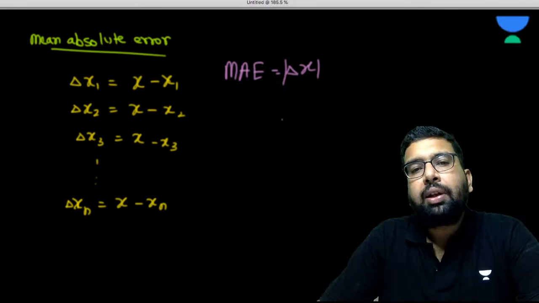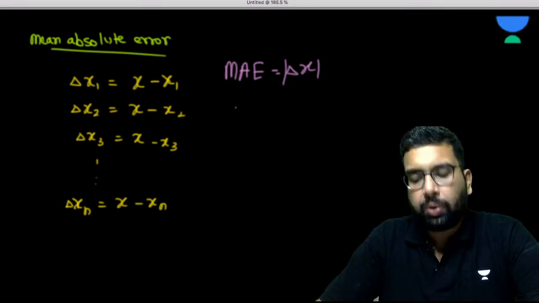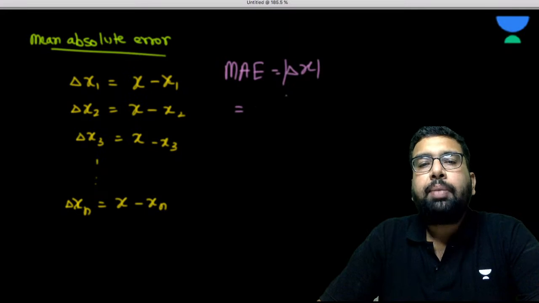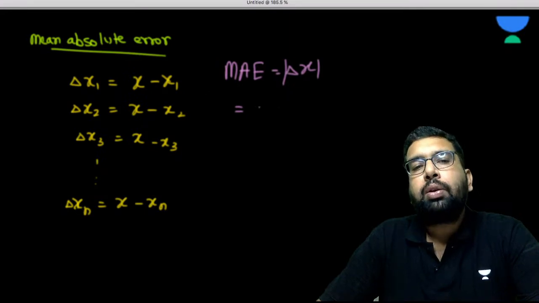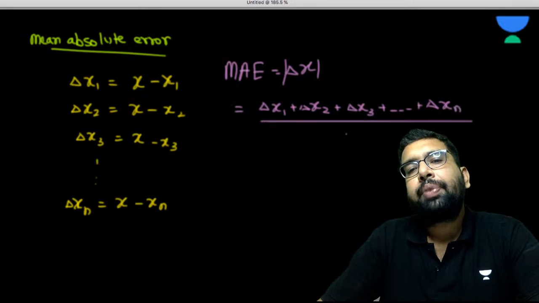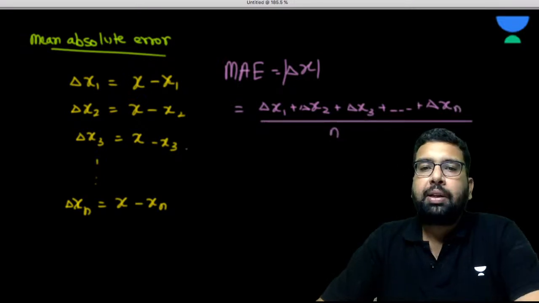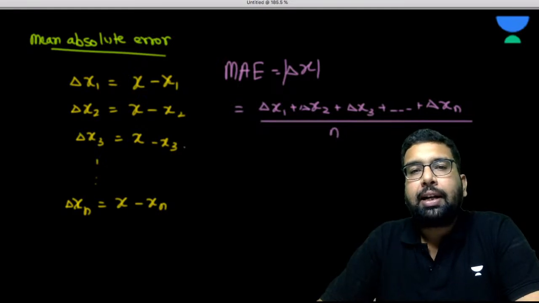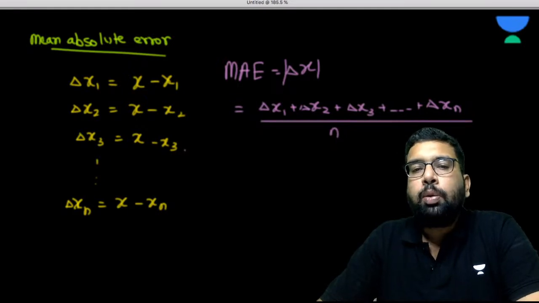It is the mean of the absolute errors: delta x1 plus delta x2 plus delta x3 plus up to delta xn, divided by n.